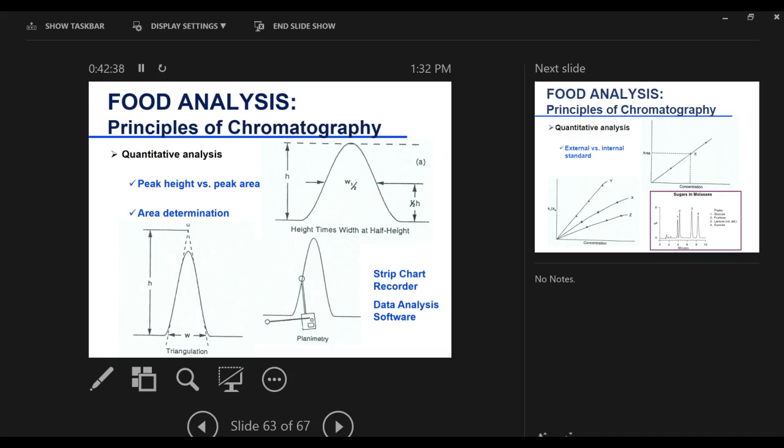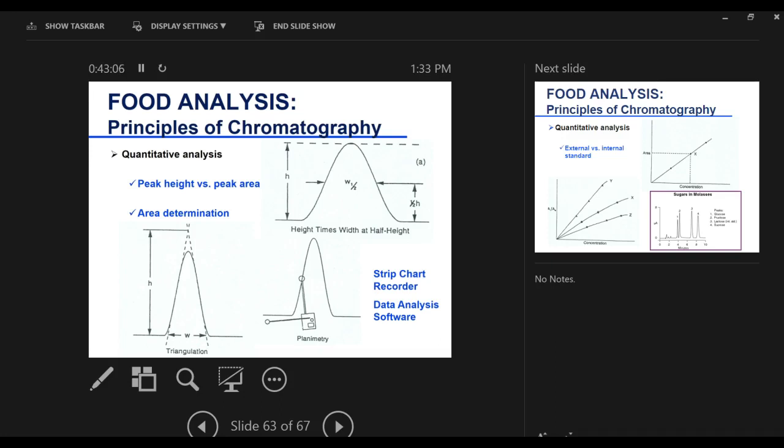Because peak height can fluctuate based on the conditions of separation and the status of the column. Sometimes your peak is sharp, but something might cause it to be a little wide. But the area will not potentially change. The height of the peak might change over time, but the area will not. So I don't want to use height. Mostly I use peak area for concentration determination.